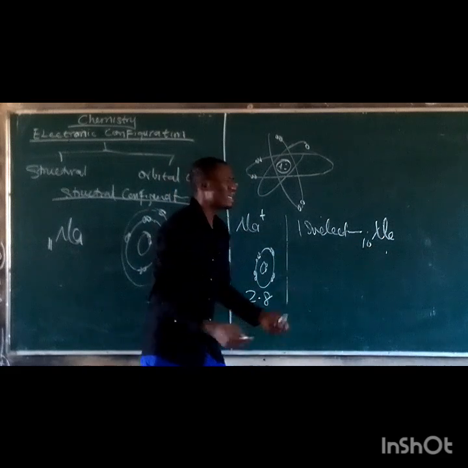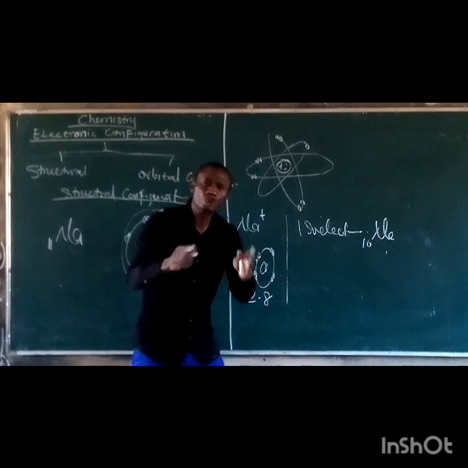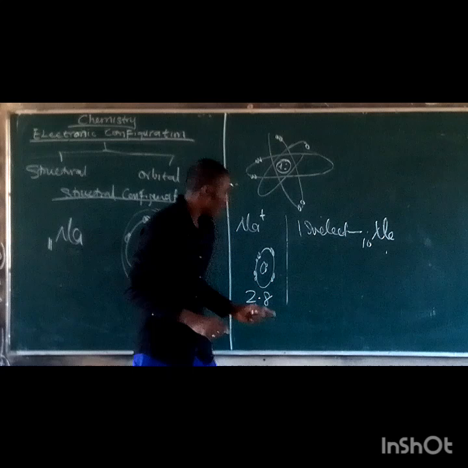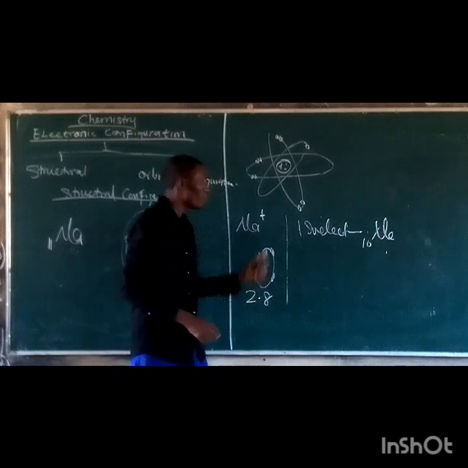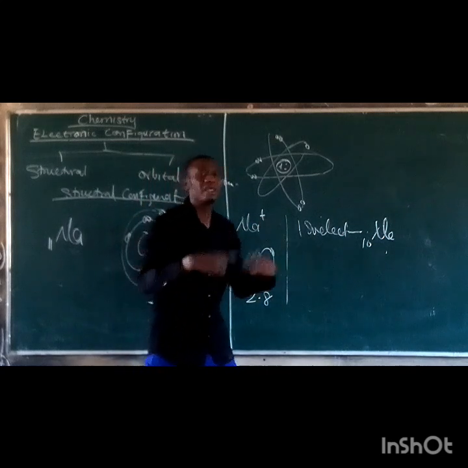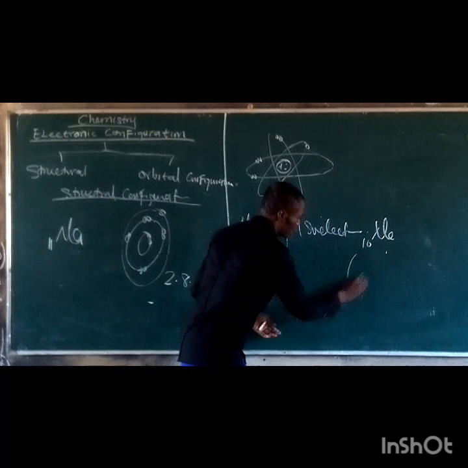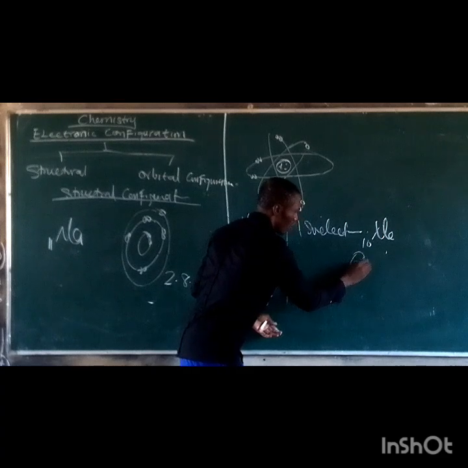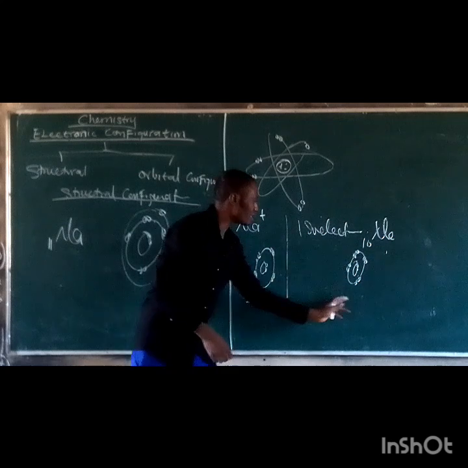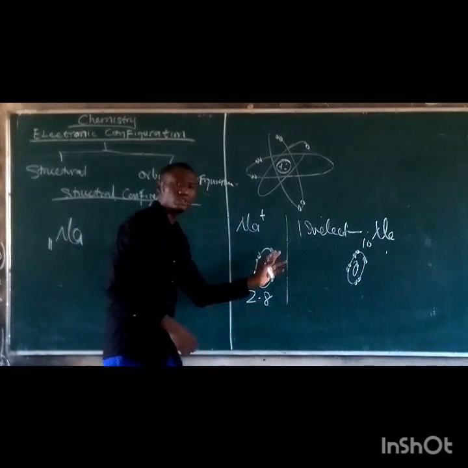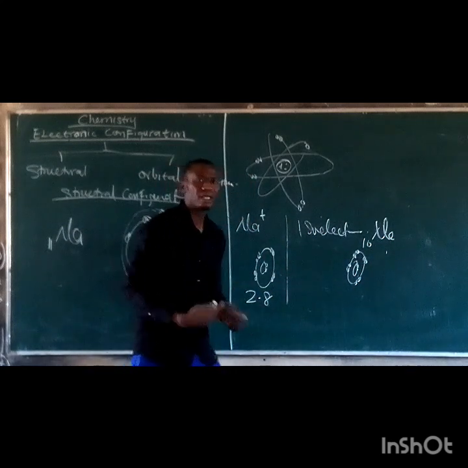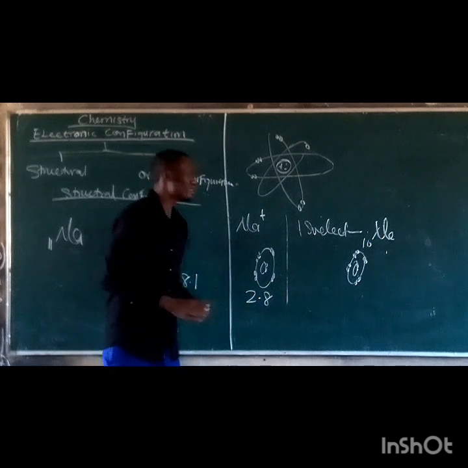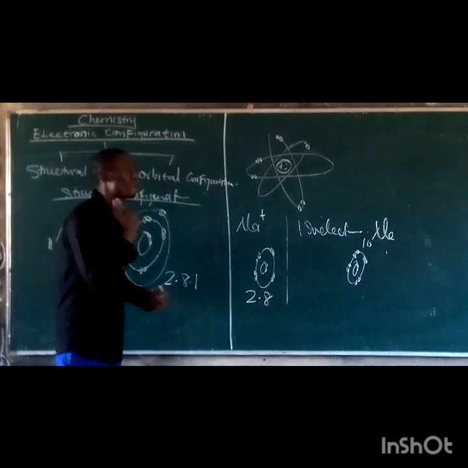You can see that the structural configuration of neon and that of positively charged sodium is the same thing: 2 inside, 8 electrons in the outer shell. That is an explanation of structural configuration.